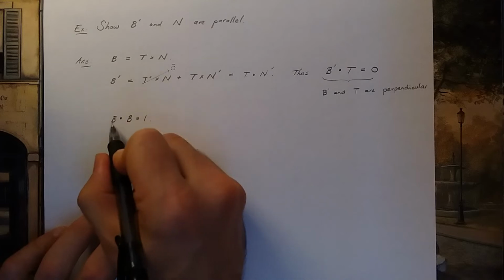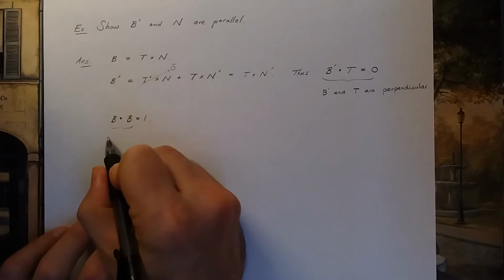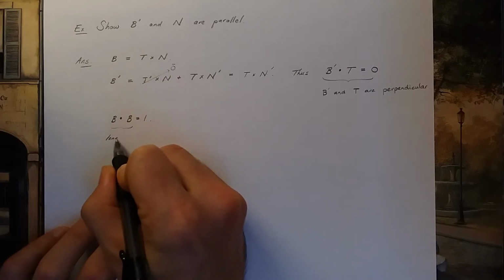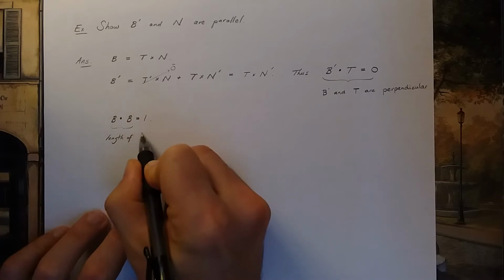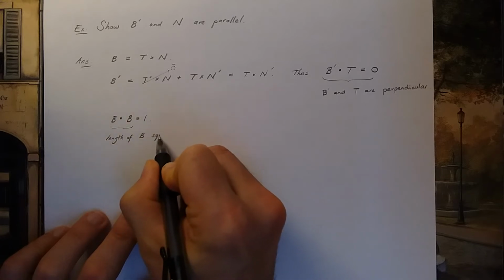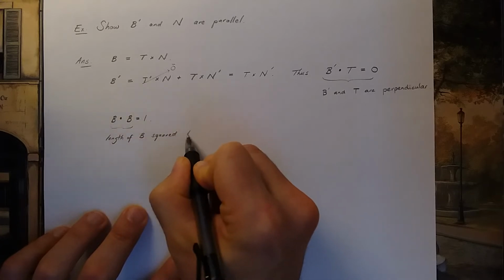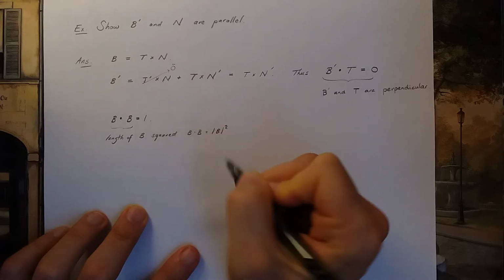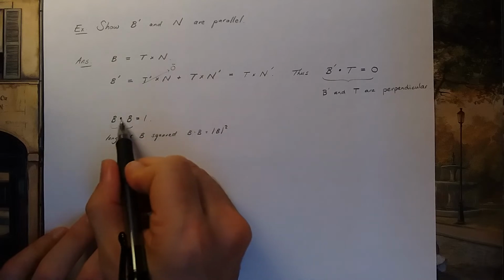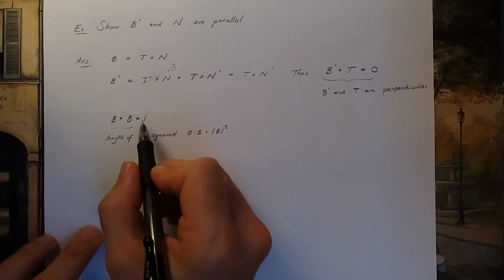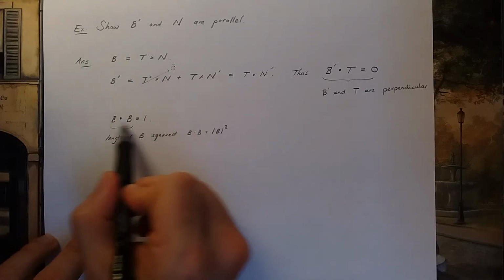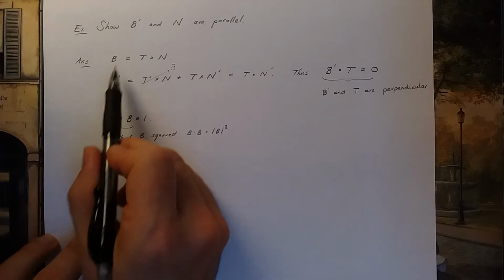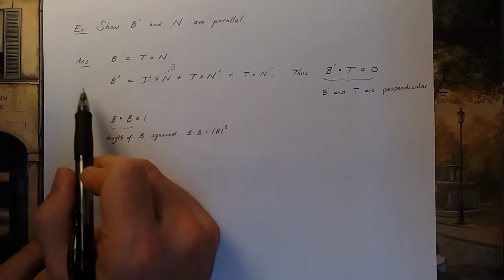So this is the length of b squared, because b dot b is a length of b squared. So we have this expression. I could differentiate this expression the same way I took the derivative of the previous expression.